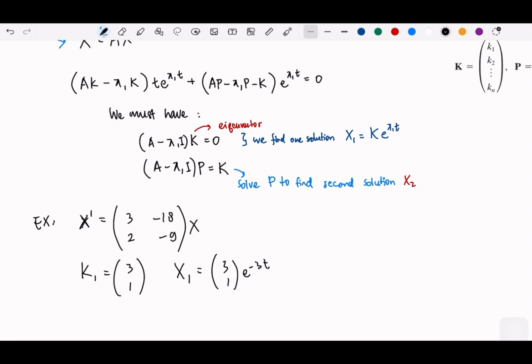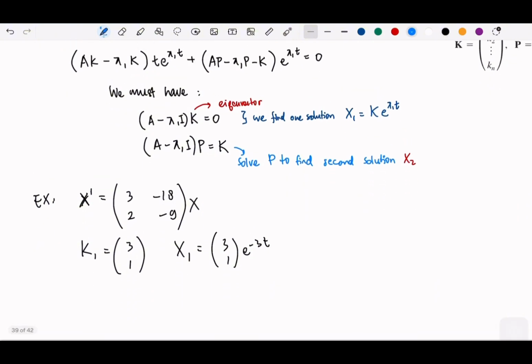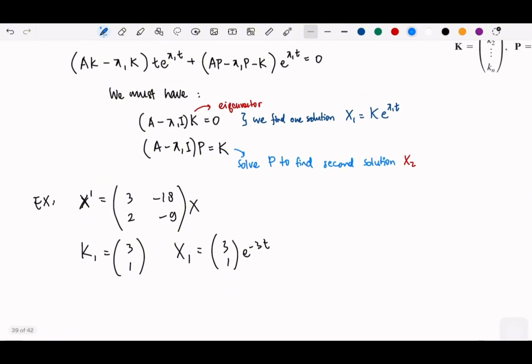We find x1, and then to take the second solution, we know that K is, let's say, (3, 1), and then P we can just write as (p1, p2). It's like an additional factor, and we need to find P.